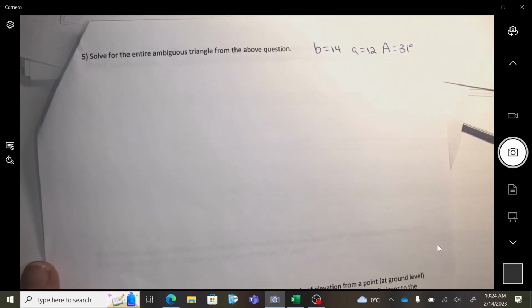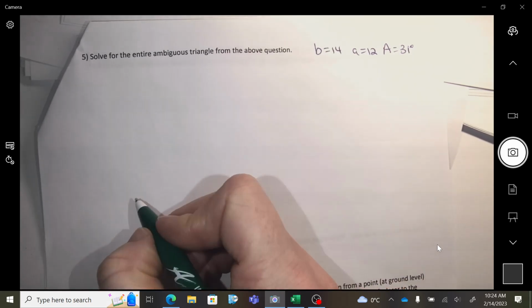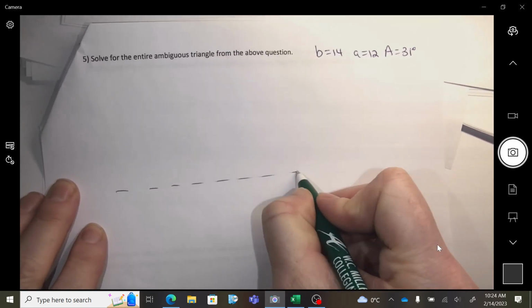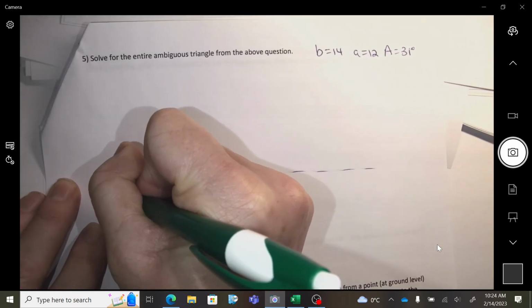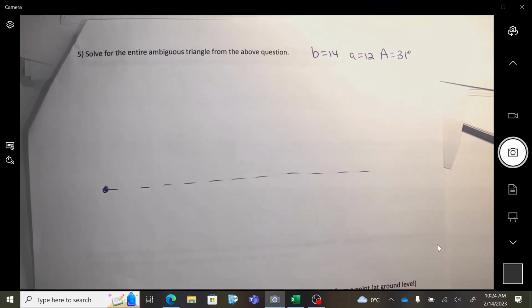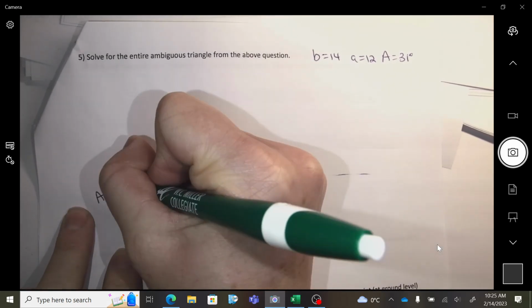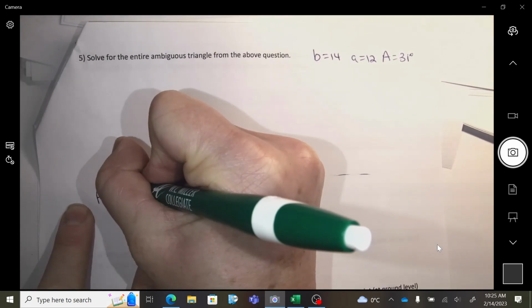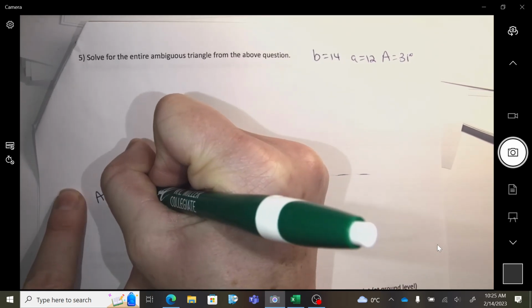So I'm going to copy the 14, 12, and 31 down. This is my unknown side at the bottom. This is angle A, which is 31 degrees.